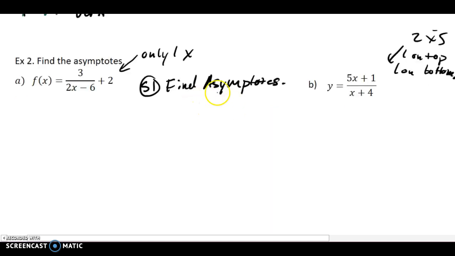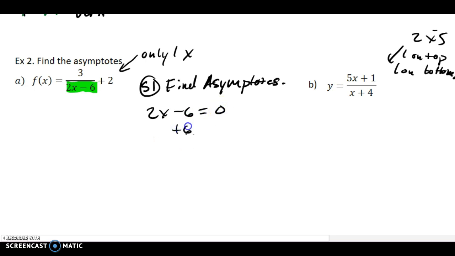So we're going to find the asymptotes. That's step 1 of graphing. And we're just going to do step 1 here because example 1 says find the asymptotes, the vertical and the horizontal. So when there's only one x, our asymptotes are as follows. We're going to take this right here and set it equal to 0. So 2x minus 6 equals 0.